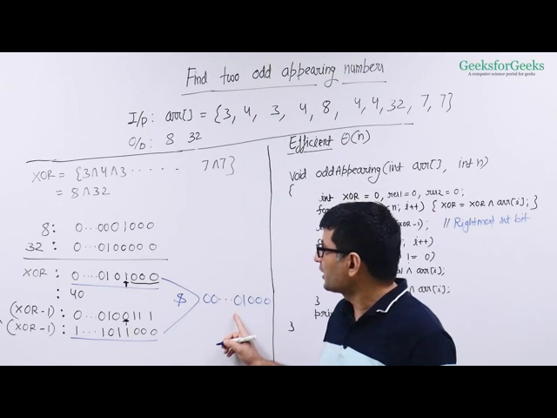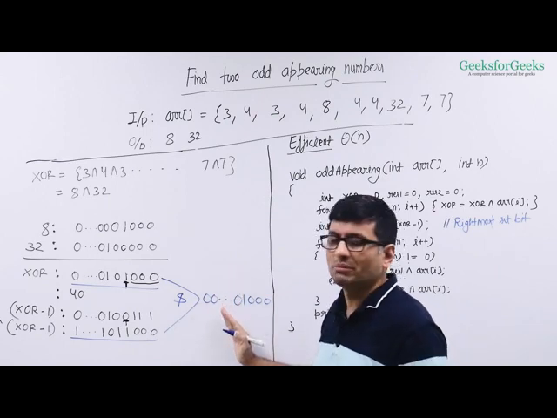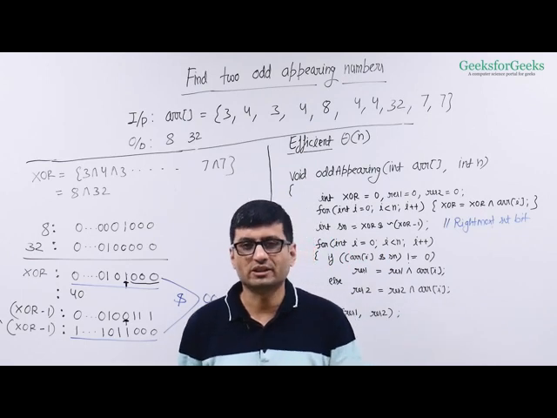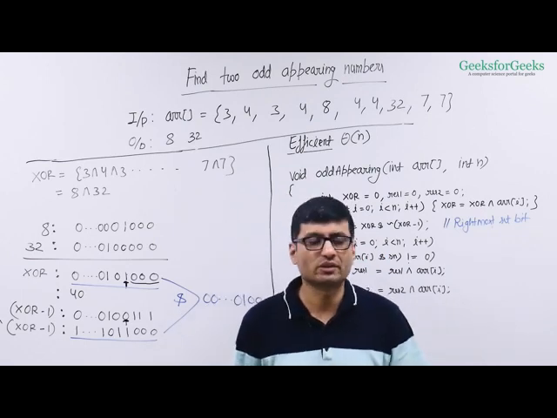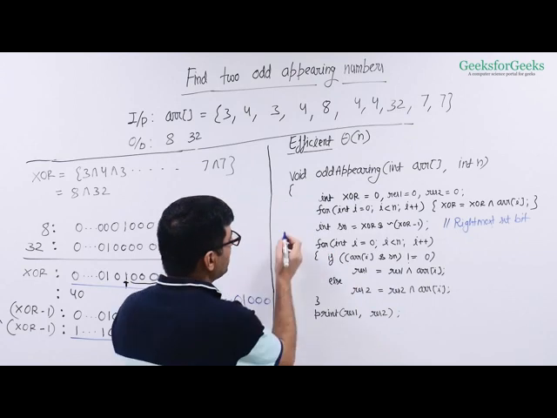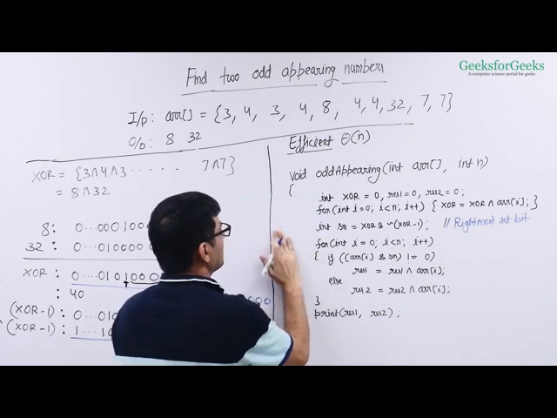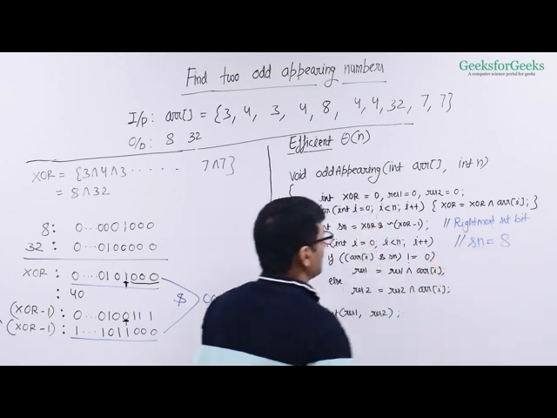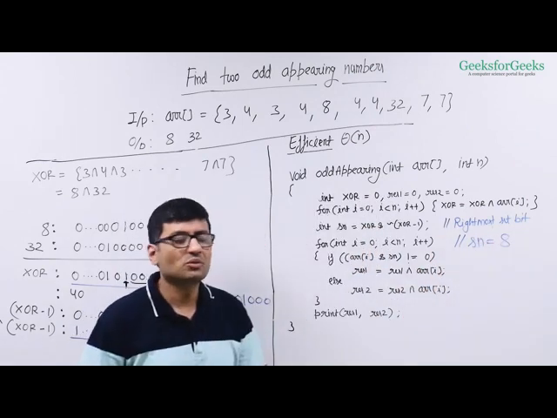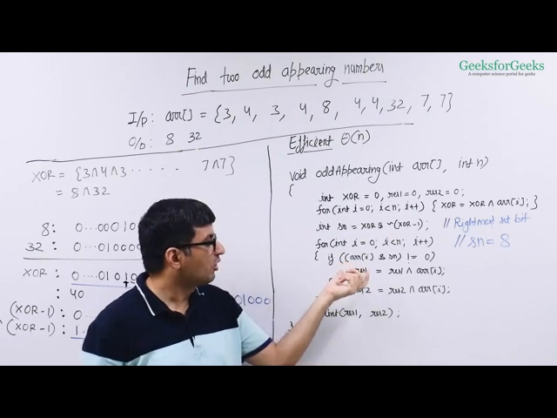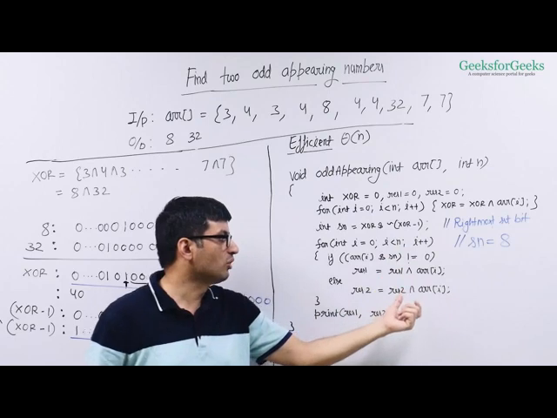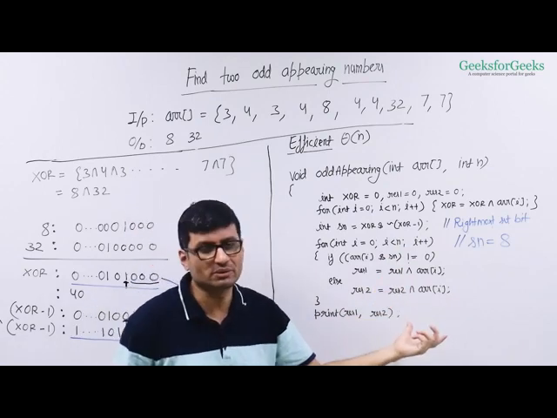So Sn for this example is going to have this number 8, right? It's going to have only the last set bit as set and all the other bits as 0. So your Sn is going to be 8 here in this example. Now what we do is, we do XOR of all the numbers which have this bit set and do XOR of all the numbers which don't have this bit set.